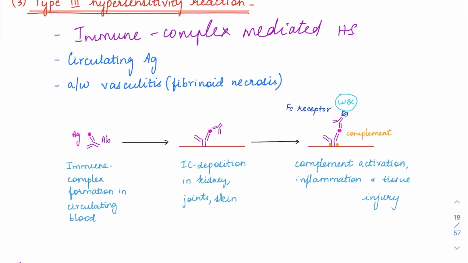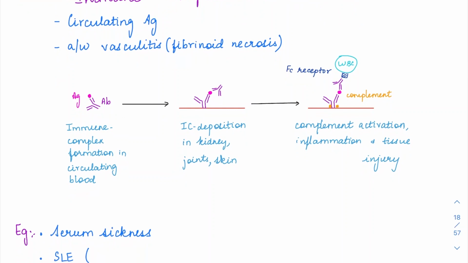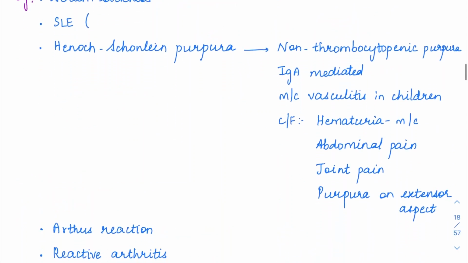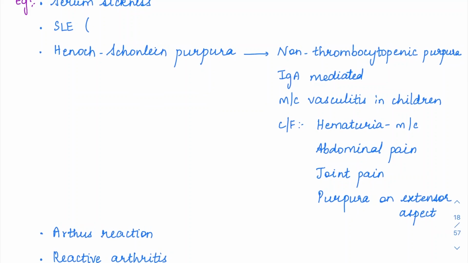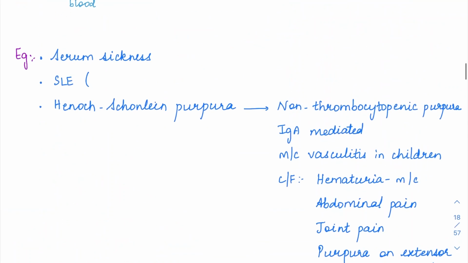This is the basis of type 3 hypersensitivity, and usually it is associated with vasculitis. Characteristically we see fibrinoid necrosis in type 3 hypersensitivity reactions, especially when associated with vasculitis. The best examples of type 3 hypersensitivity will be serum sickness, Arthus reaction, SLE, Henoch-Schönlein purpura, reactive arthritis, post-streptococcal glomerulonephritis, and polyarteritis nodosa.